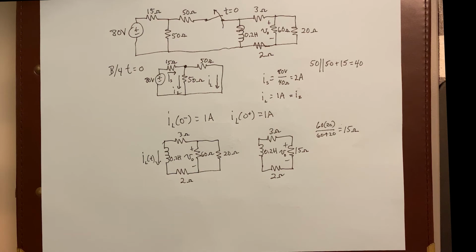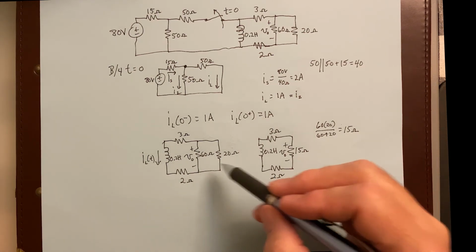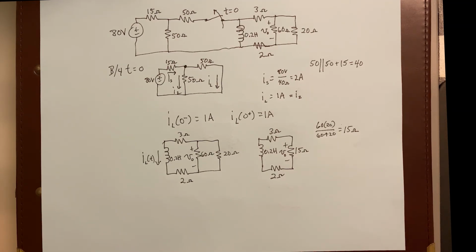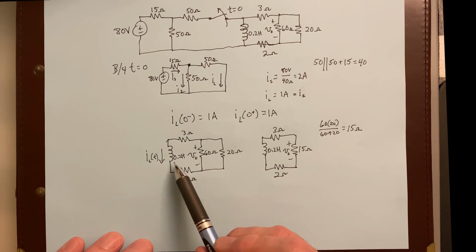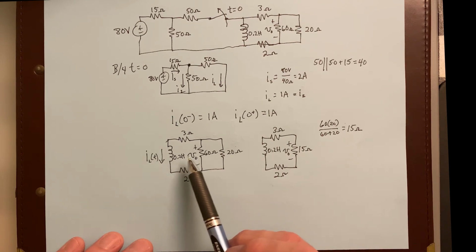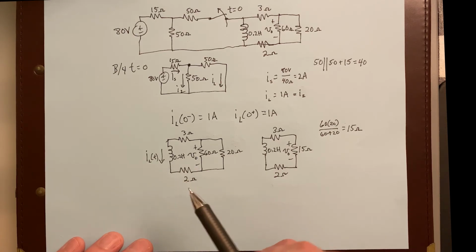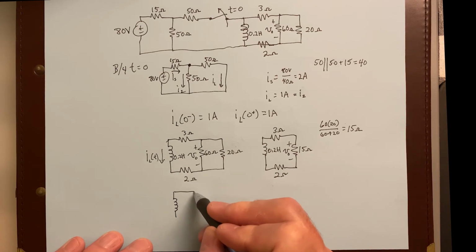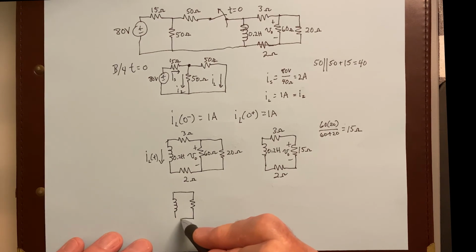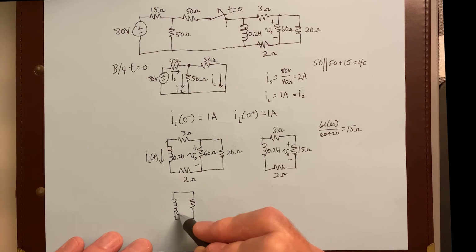All right. Now that I know what V naught is, it's going to be real easy at this point to figure out what tau is. Remember previously I said you can really only solve a circuit if it's got one inductor and one resistor, but you can think about this as being equivalent to that. There's our 0.2 Henry inductor.